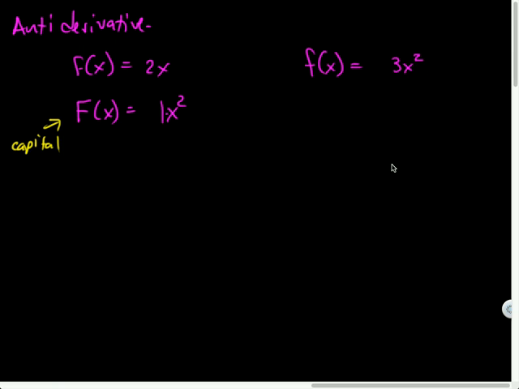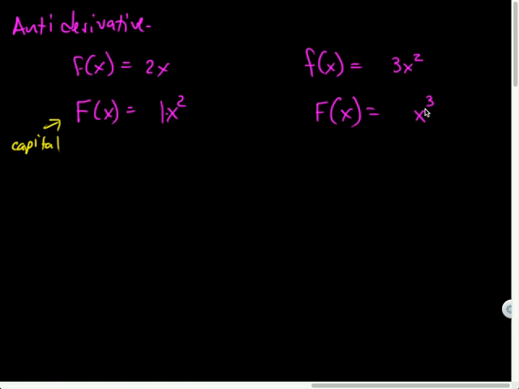3x squared. Would the antiderivative be a capital X? So this is a new function. I guess I could have called those g's if I wanted. X to the third. That would be x to the third.